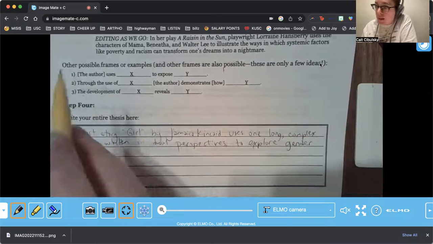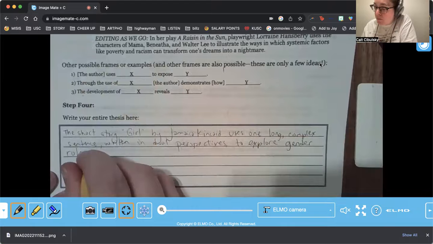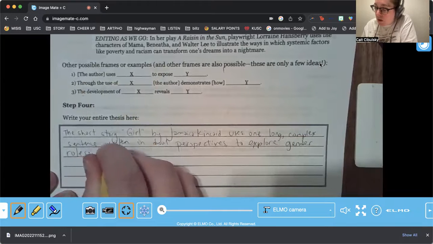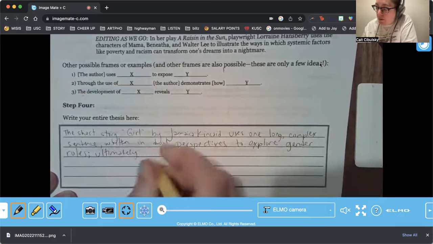It says, and reveals, I'm actually going to stick a semicolon here and say ultimately, so I'm making slight revisions here.